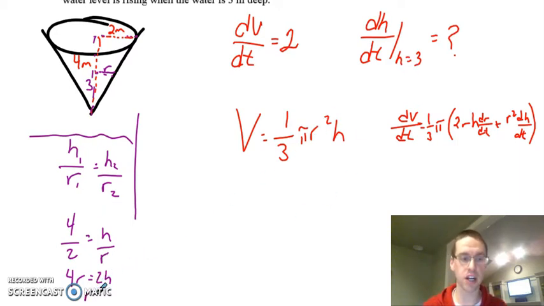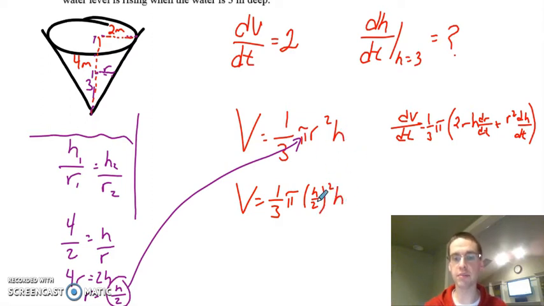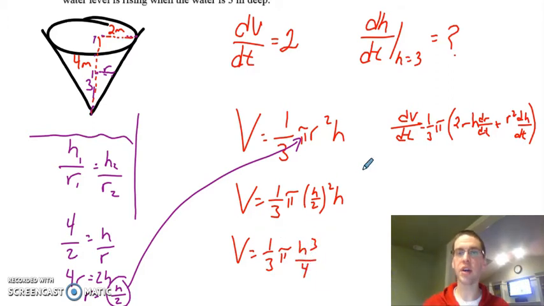So I can say that r equals h over 2 if I divide by 4. This can now go in for r. So I can rewrite this: volume equals 1/3 pi (h over 2) squared times h. The reason I'm doing this is now look at how many variables I've got. I now only have volume in terms of h. That's a good thing.